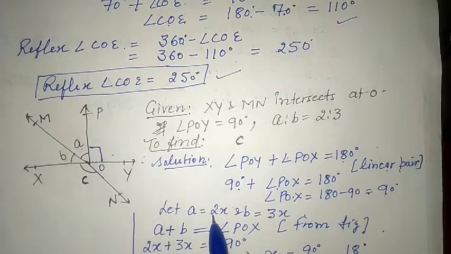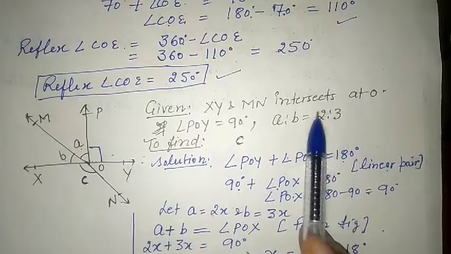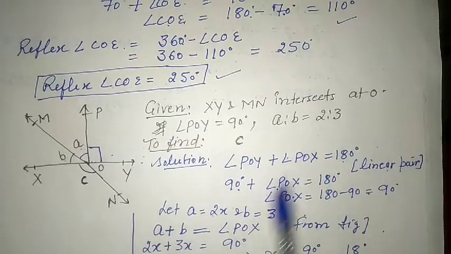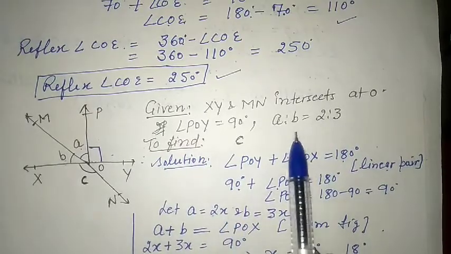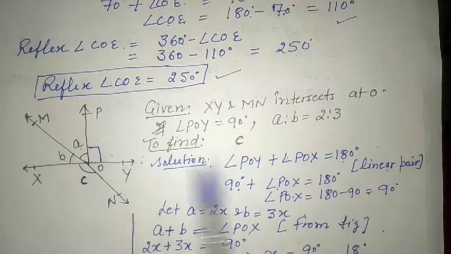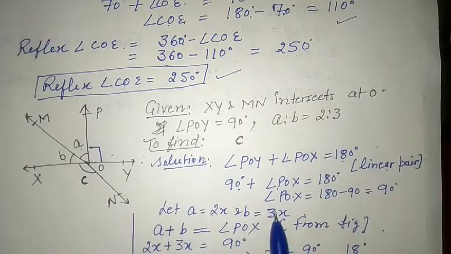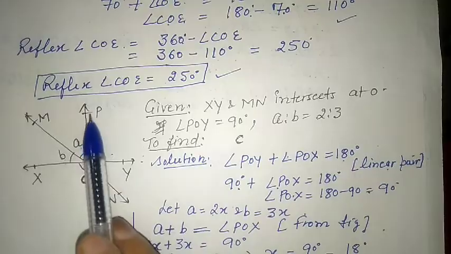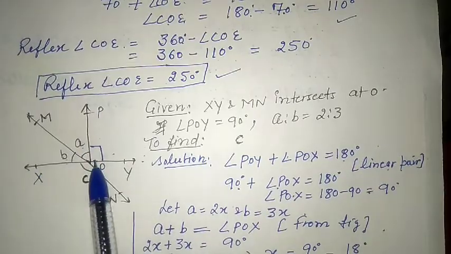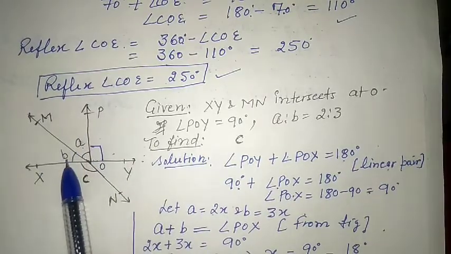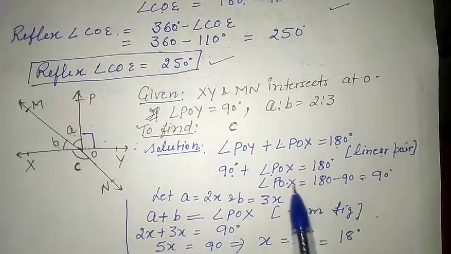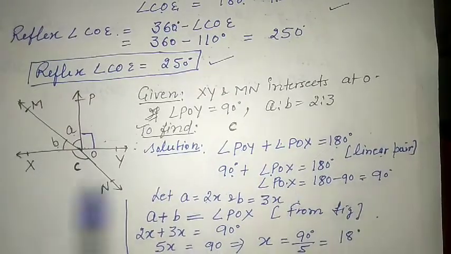Let a be 2x and b be 3x, where x is any variable to remove the ratio. From the figure, POX is equal to a plus b. One relation we found is that POX is equal to 90.